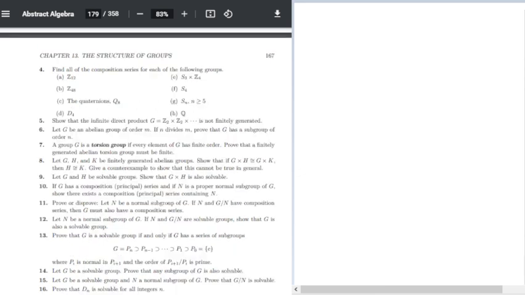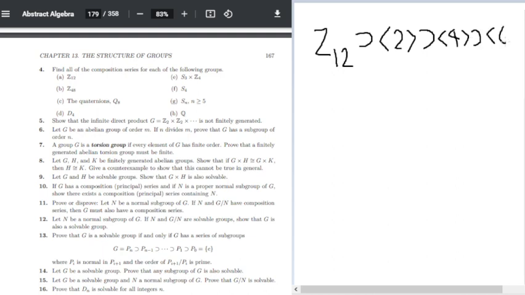Find all of the composition series for each of the following groups. So Z mod 12. First of all, we know the subgroup generated by 2, the subgroup generated by 4, the subgroup generated by 6.